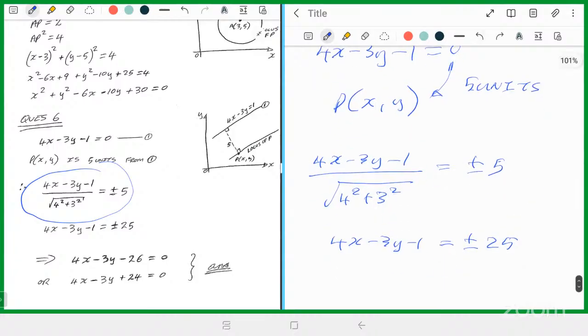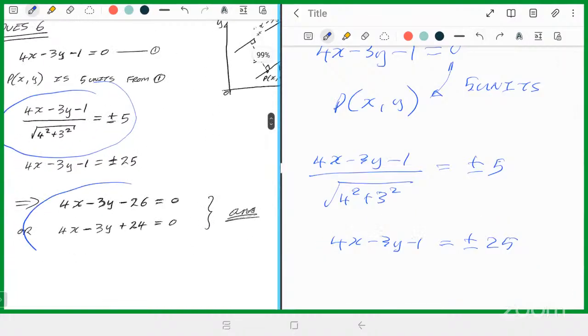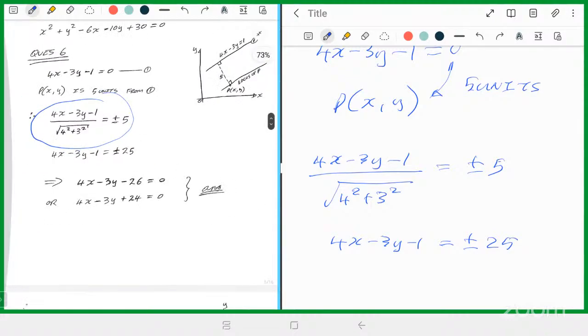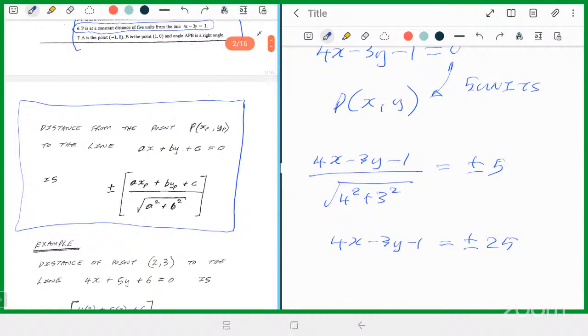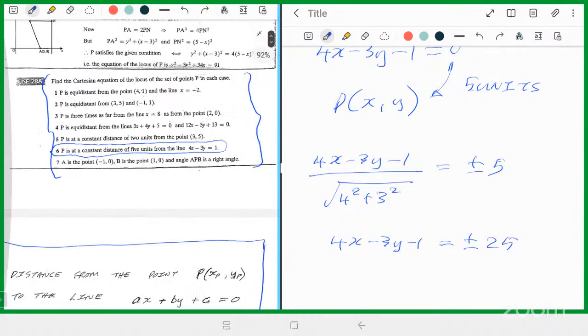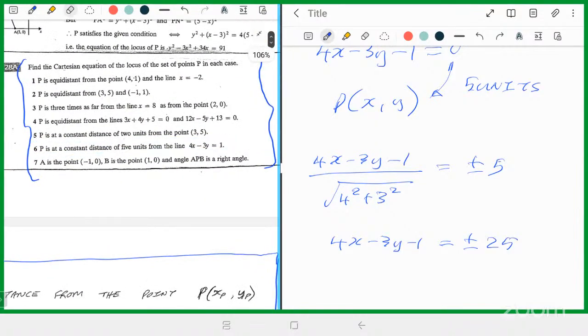That's it here. Plus or minus 25. So you get these two answers, one with the plus and one with the minus 25. Those are the two possible lines. Alright. I think we have one more. One more. Right here.